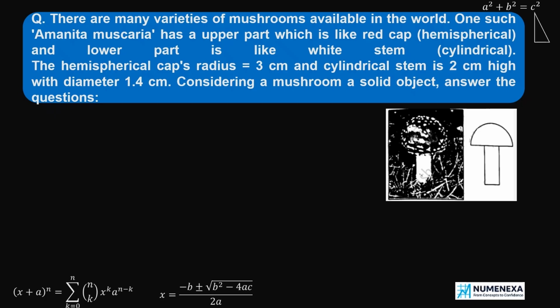The top cap, if you observe here, is a hemisphere, and the stem attached to the top cap is actually a cylinder. Now let us explore the different questions based on this case study. So the first question here is, what is the total height of a mushroom?